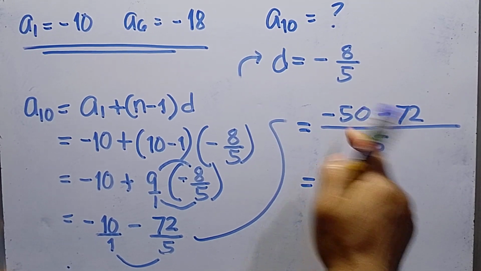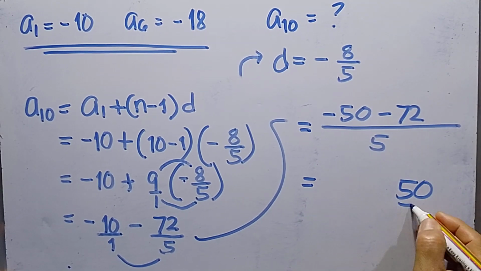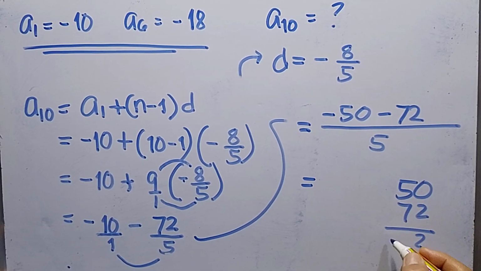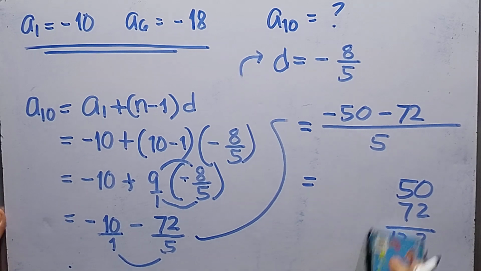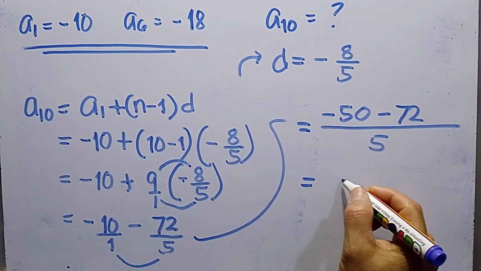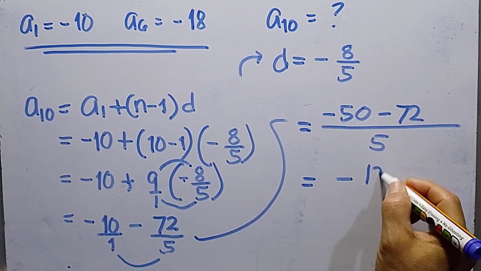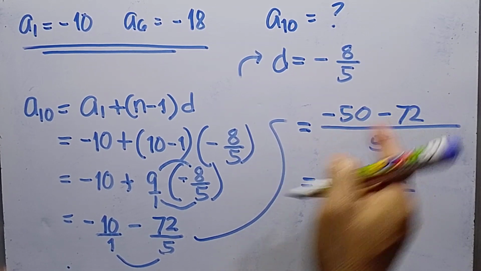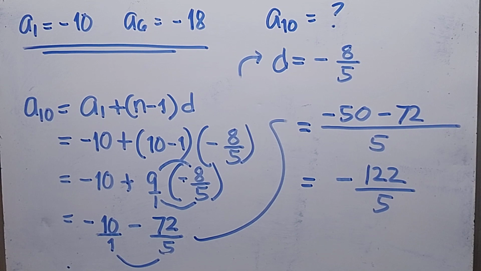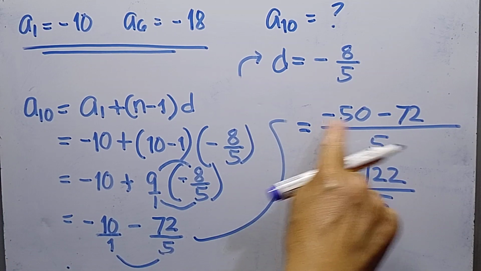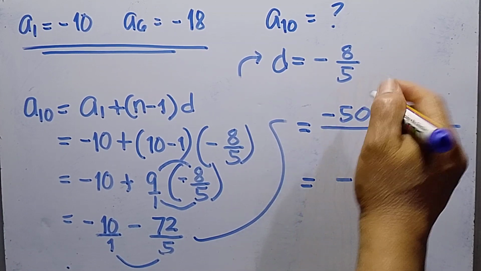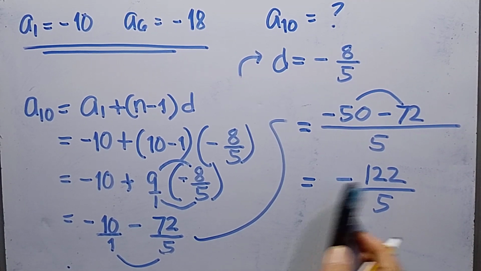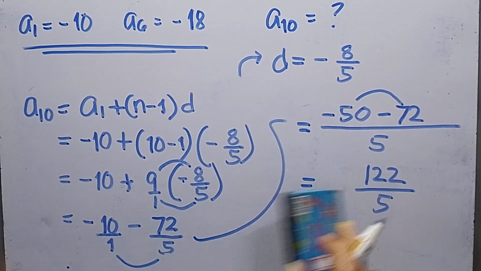Equals, what is 50 plus 72? This is 122. So the answer is negative 122 over 5. Why is it negative? Because like signs, so copy the common sign and then add. So I've got negative 122 over 5.